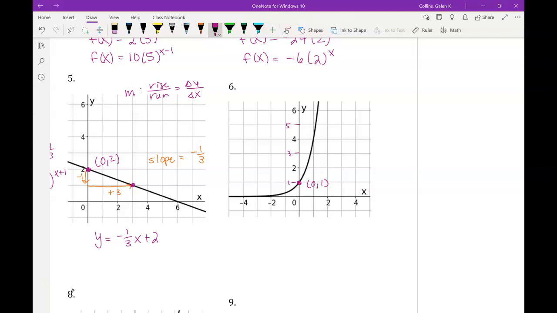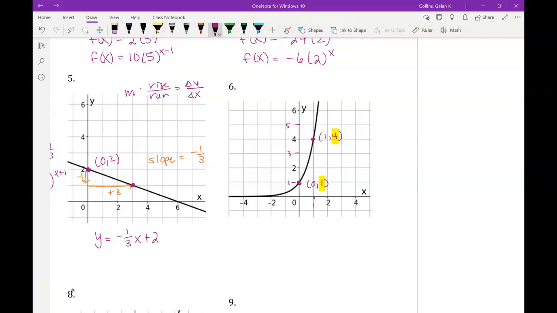And so let's say I pick my next ordered pair. When x is 1, I have this ordered pair 1, 4. And I need to just remember that when I have an exponential relationship, I'm multiplying. So if I start at 1 and I multiply by a number to get 4, well, the number I'm multiplying by must actually be the number 4.